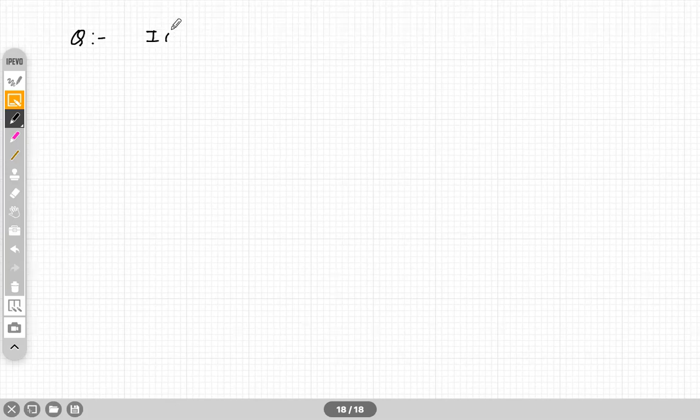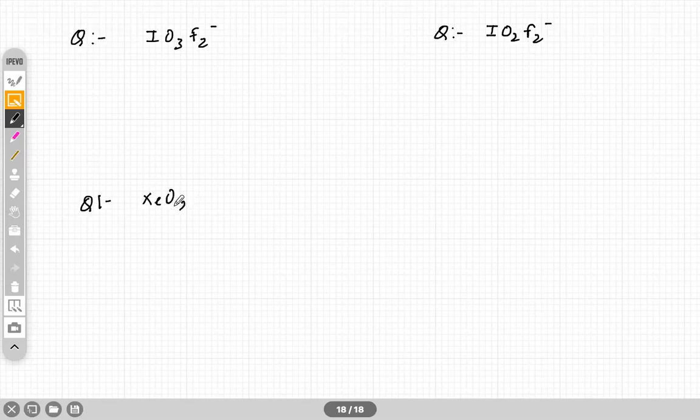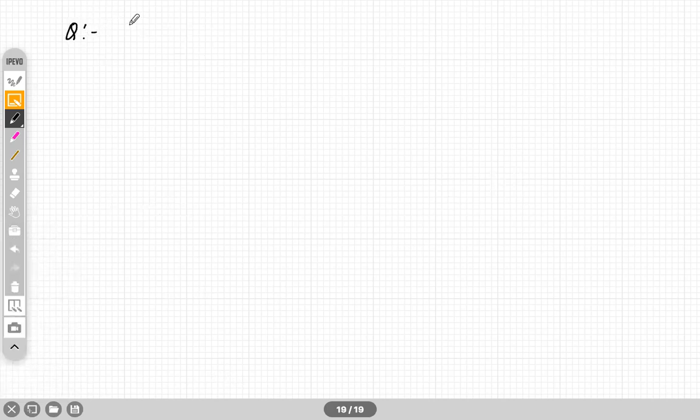So the first one is IO3F2 minus, IO2F2 minus, XeO2, XeF4, XeF2, ICl3, NO3 minus, NO2 minus.